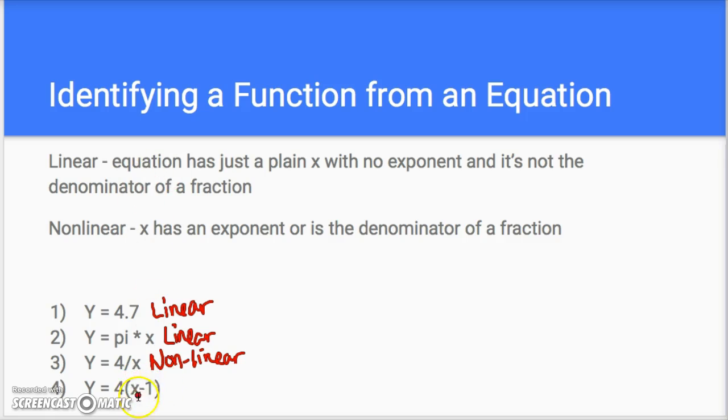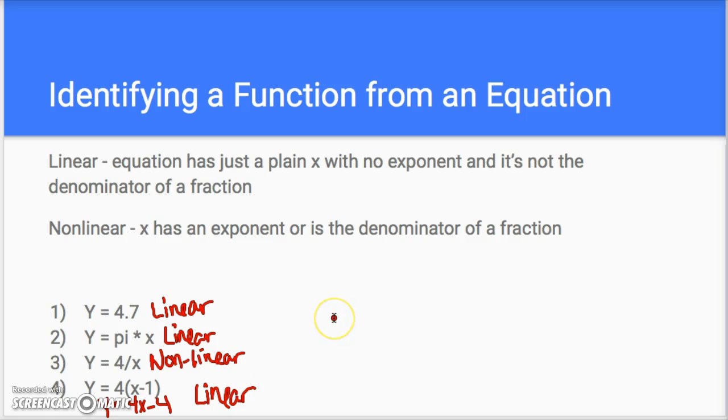Okay, looking at it like it is, the x doesn't have an exponent. We could also use the distributive property and rewrite it as y equals 4x minus 4. But even still, the x does not have an exponent, and it's not the denominator of a fraction. So this equation would be linear as well.